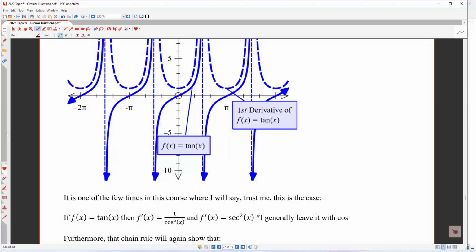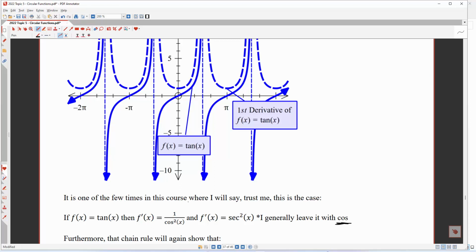What we're going to do is assume that if f of x is the tan of x, then f dash x is going to be 1 over, it's the reciprocal of cosine of x all squared. Now that can be shown to be equal to sec of x all squared, but I generally leave it with the cosine in. Now, why is it this?